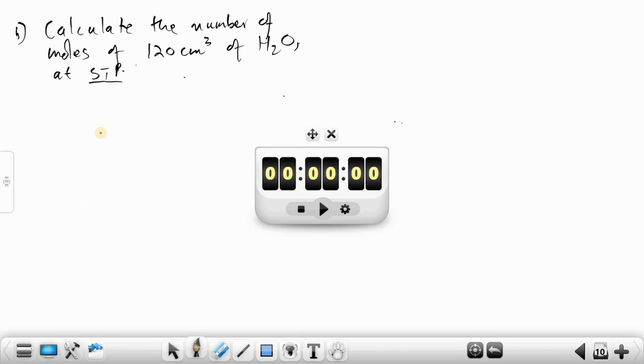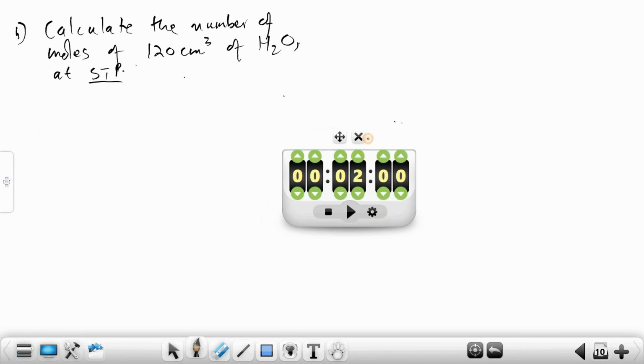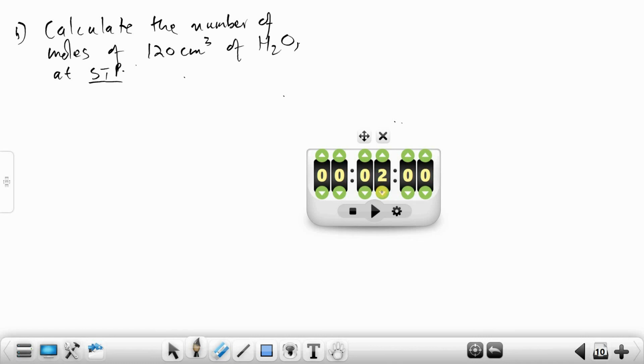So I am going to give you 2 minutes for you to try and complete this one, or even let's make it 1 minute 30 seconds for you to be able to complete it.